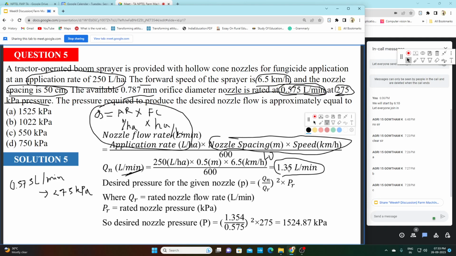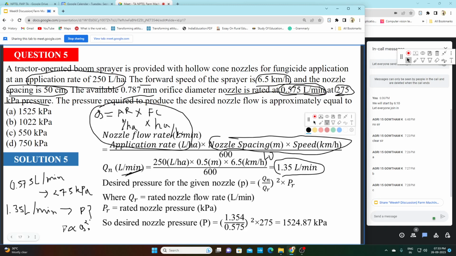This is the pressure. Now for this much flow rate, that is 1.35 liter per minute, what will be our pressure? That is the question. So for this we can find out, we know that P is directly proportional to Q square.